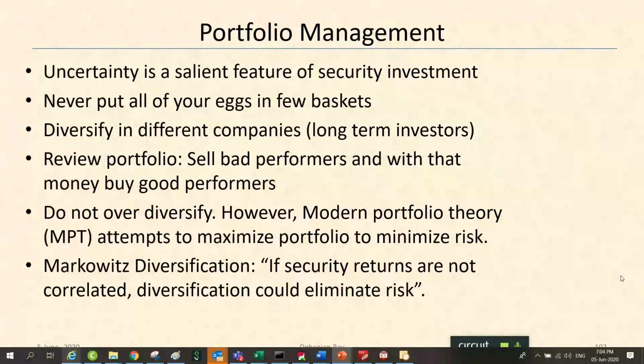It is well known that if you restrict within 15 to 20 companies maximum, then you can manage the stocks well. You can go for more and more companies, but then managing them will be difficult.